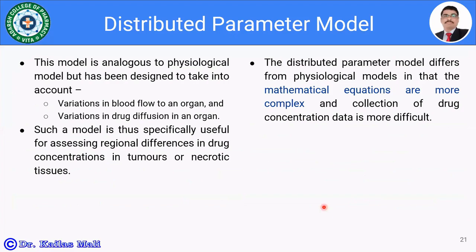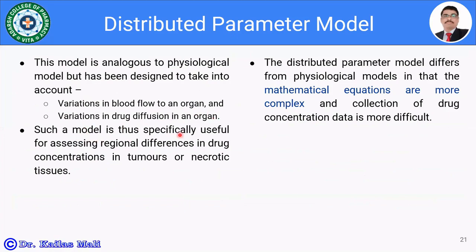Let us see the distributed parameter model. The distributed parameter model is analogous to the physiological model, but has been designed to take into account the variations in the blood flow of an organ. In the physiological model, we have not considered such variation in blood flow, isn't it? And variation in drug diffusion in an organ is considered in the distributed parameter model.